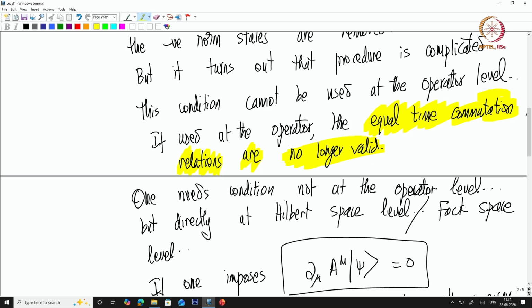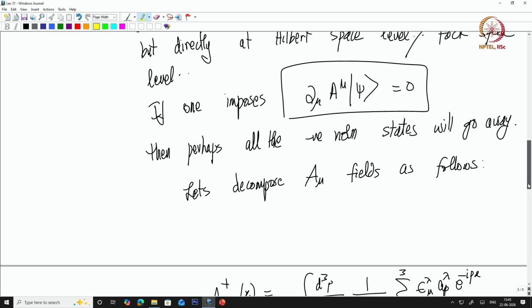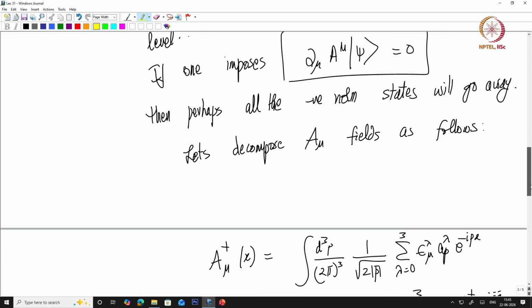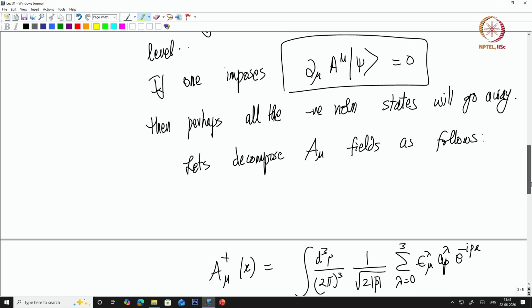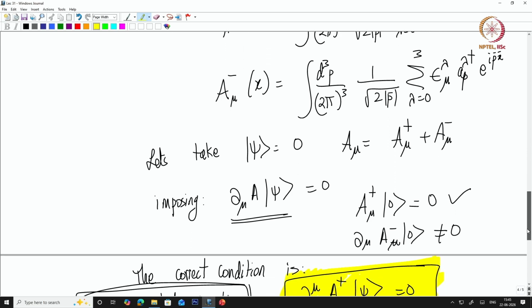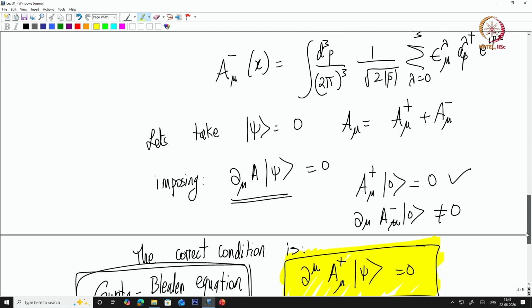So, instead of directly doing it at the operator level, we do it at the Hilbert space Fock space level. So, we impose the condition on each state that it should satisfy the Lorentz gauge condition. But that itself is also a problem. If the state is the vacuum state, the annihilation operator easily satisfies this condition, there is no problem.